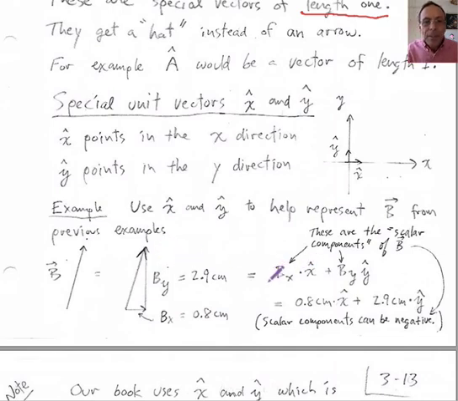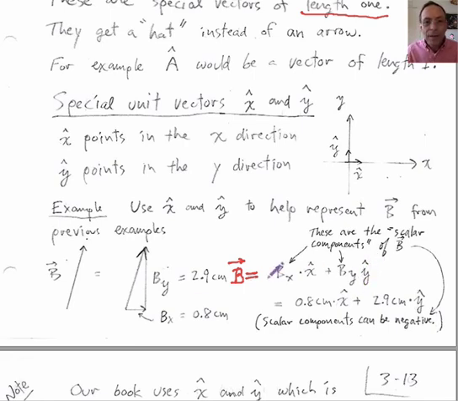We can say that the vector b is equal to that length b sub x, the x component length, times the x hat vector, and I'm adding to that the length of the y component, multiplying that times the y hat.